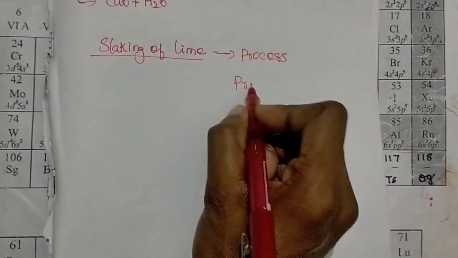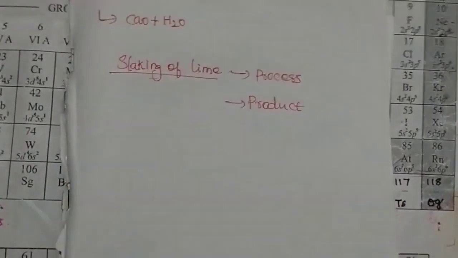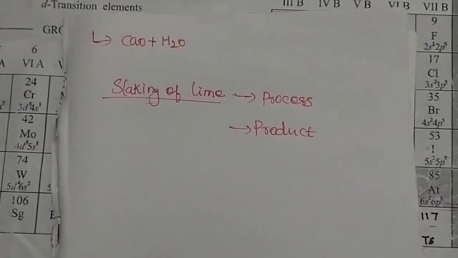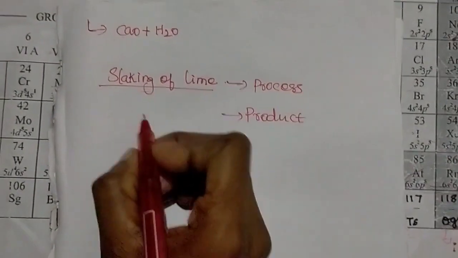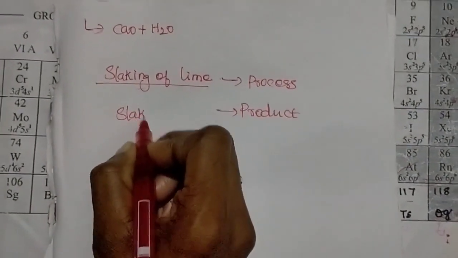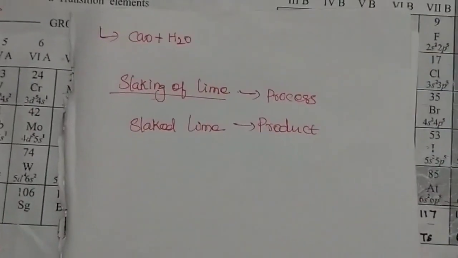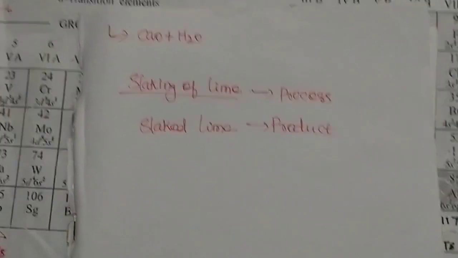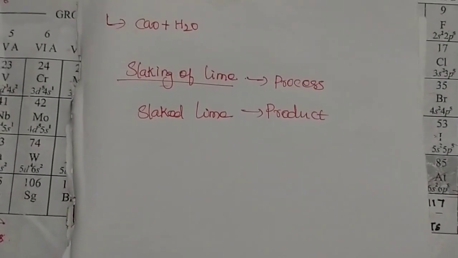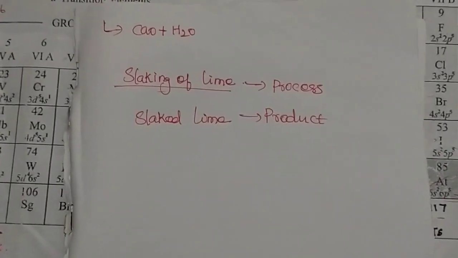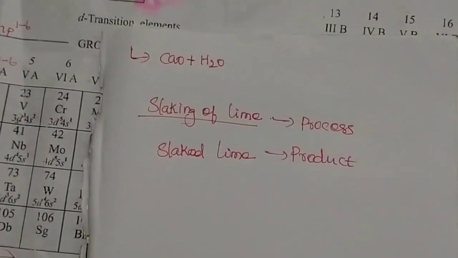When you treat quicklime with a specific amount of water, it breaks the lumps of the lime, and this is generally known as slaking of lime.